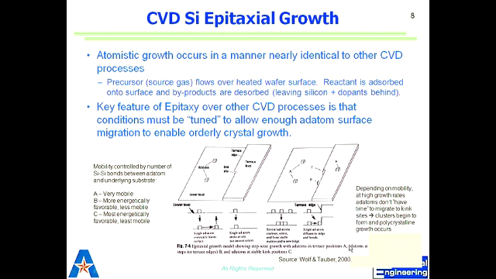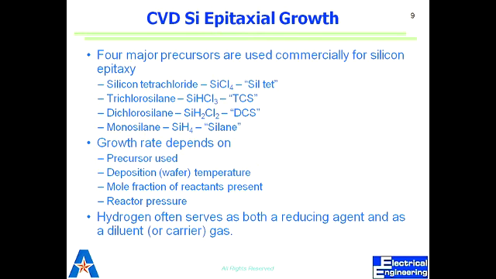Whereas A are the ones which are falling on top of that, and B are ones which are falling. So these are the ones showing the defects, A, B, and C. So we have to tune the conditions so most of the adatoms get to the terrace and form part of it.